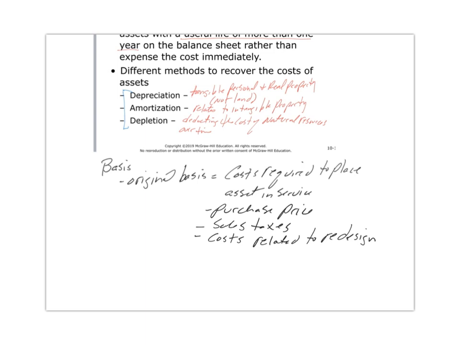Now, adjusted basis, all right, is your initial basis minus accumulated depreciation.